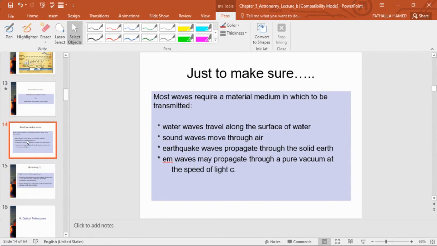That's when we talk about water waves, sound waves, and earthquakes as well. But EM waves, electromagnetic waves, may propagate through pure vacuum at the speed of light. And that's when you leave the atmosphere of the Earth. Light, or electromagnetic waves, can come from the sun and stars from space.